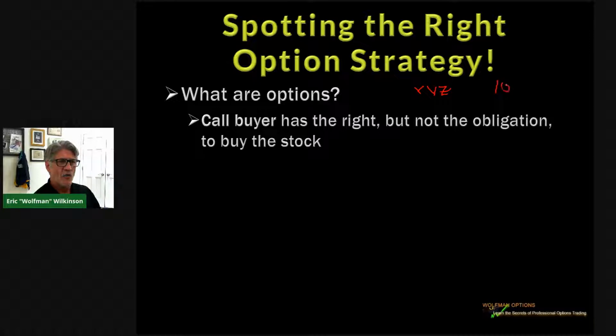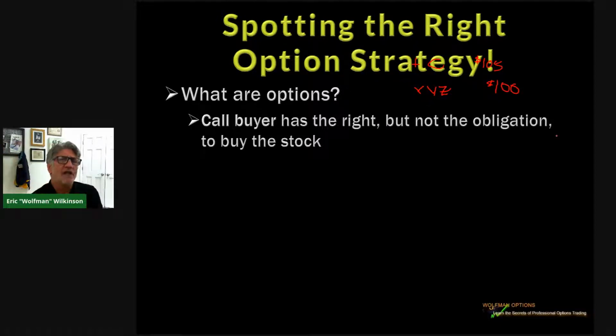If I buy a 105 call, I have the right, but not the obligation, to buy the stock at 105. Meaning, if I chose to exercise that right, it would go into my portfolio at 105, right? If XYZ is trading at 100, do I want to buy a stock at 105? No. I buy it at 100. I buy it way down here, right?